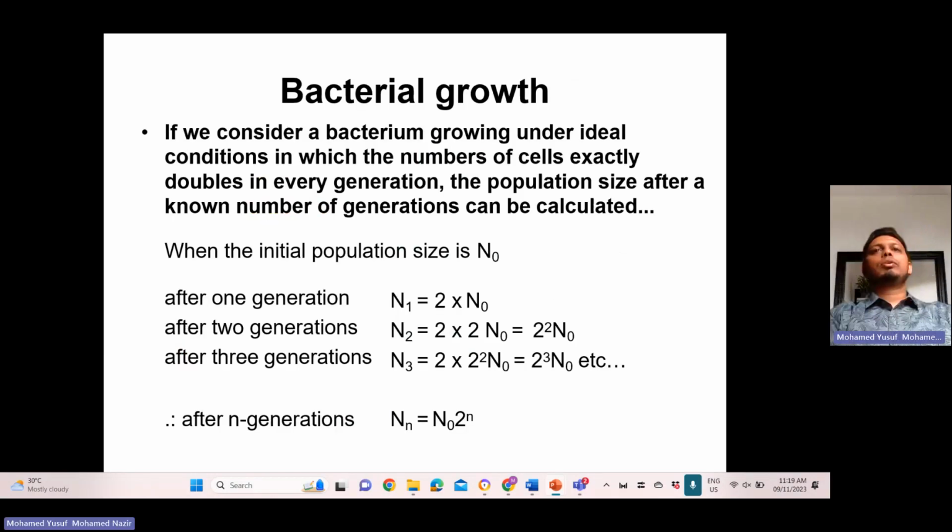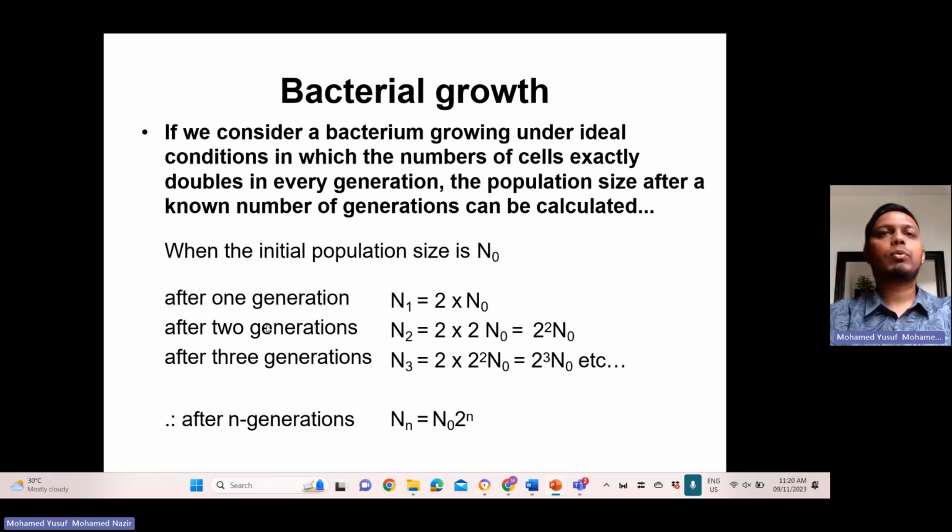Okay, so this is how you can identify or calculate the number of microbial growth. If we consider a bacterium growing under ideal conditions, in which the number of cells exactly doubles in every generation, the population size after a known number of generations can be calculated. So we can easily calculate the number of the generation if we know the initial population size, which we normally term as n naught.